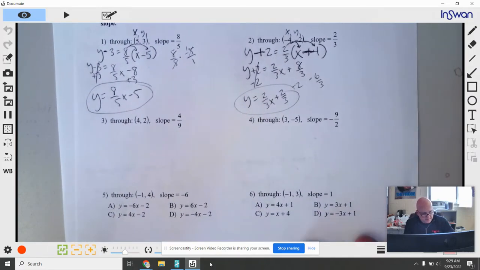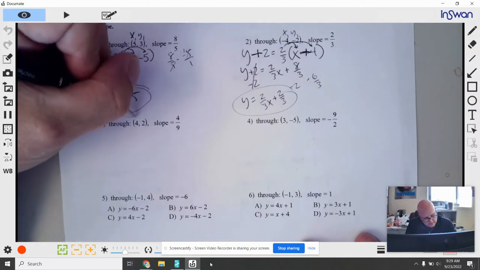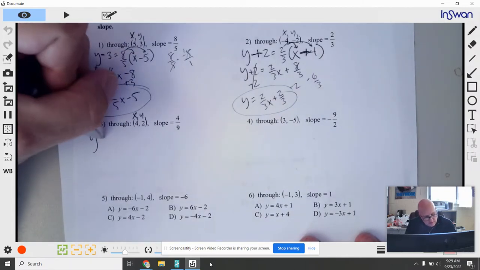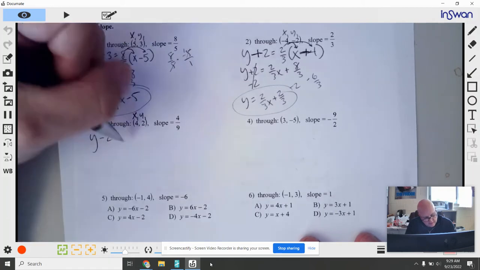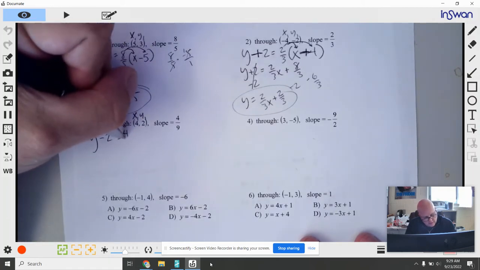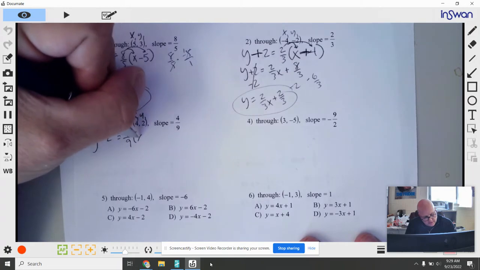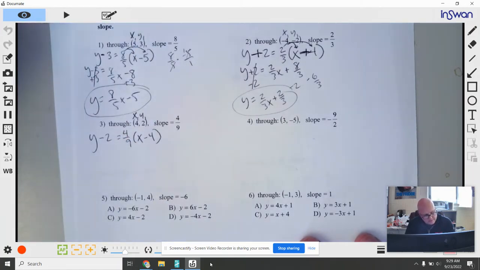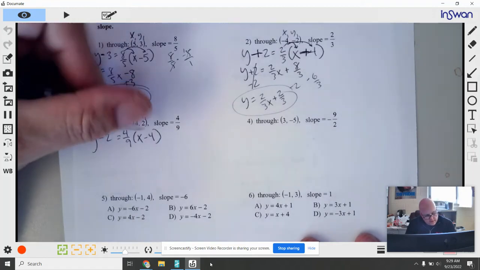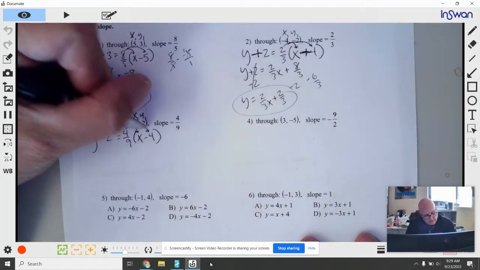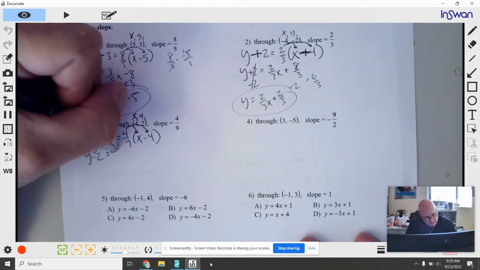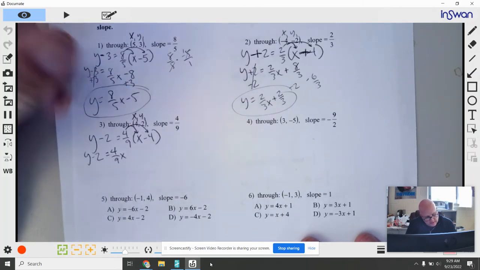All right, number 3. So that's x sub 1, y sub 1. So it'd be y minus 2 equals 4/9 times the quantity x minus 4. Okay, go ahead and distribute. So we have y minus 2 equals 4/9 x.